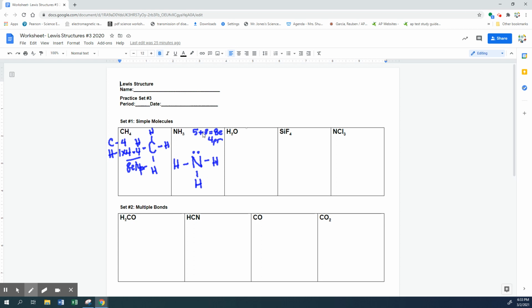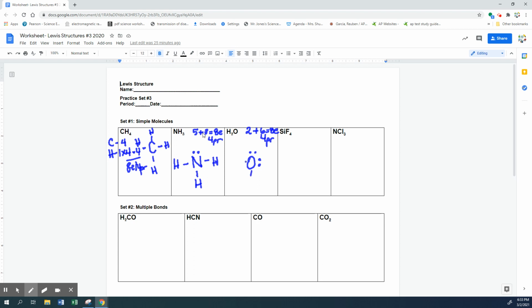Our next one is H2O. Hydrogen brings 1 electron to the table, but there are 2 of them, so 2 plus our oxygen, which has 6 valence electrons. So again, a total of 8 electrons or 4 pairs. Odd man in the center, so we have oxygen in the center. Oxygen has 2 unshared pairs of electrons on it.